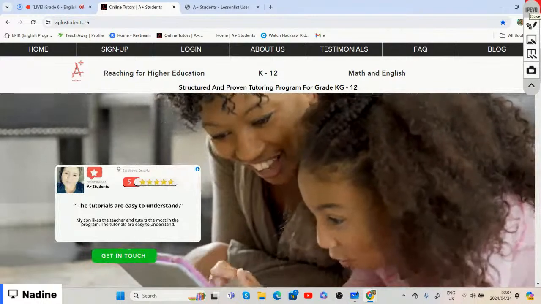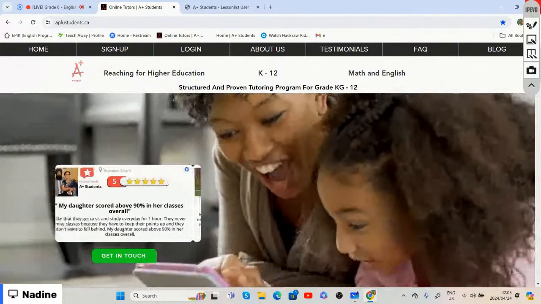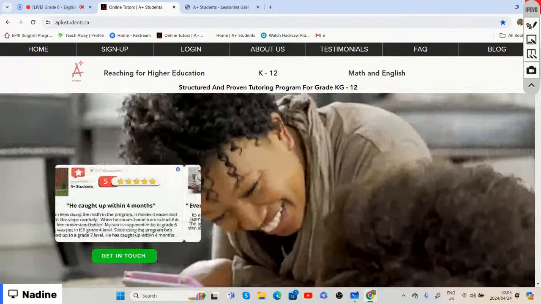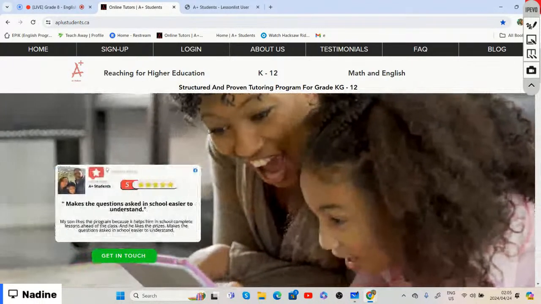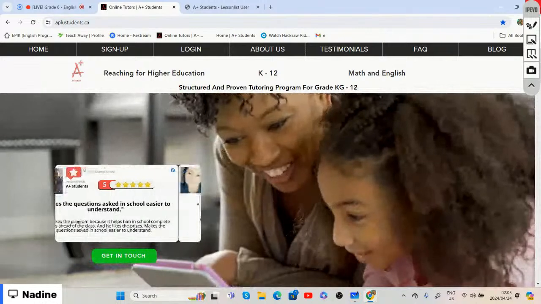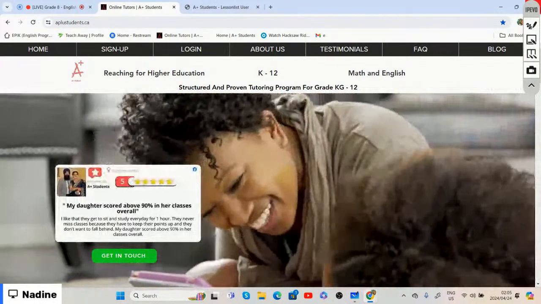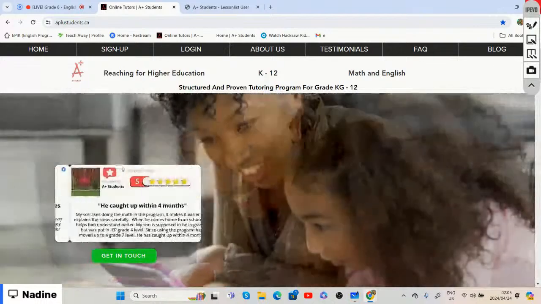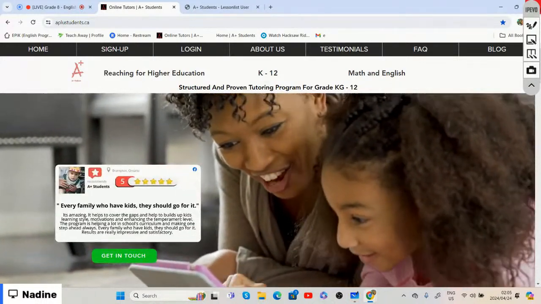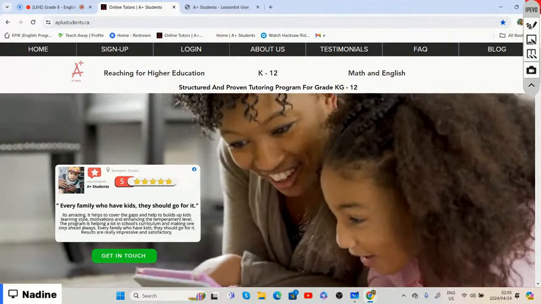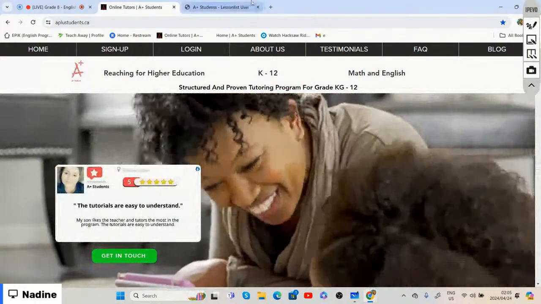Once you've logged on with your username and password, we're going to select the subject of language arts, which is English, grade 8. Then we're going to scroll down until we get to the chapter on pronouns.